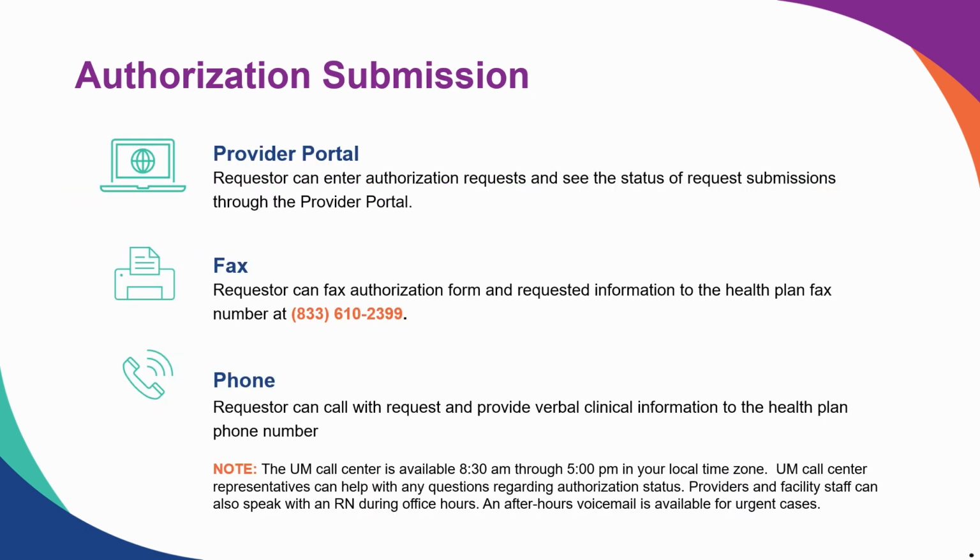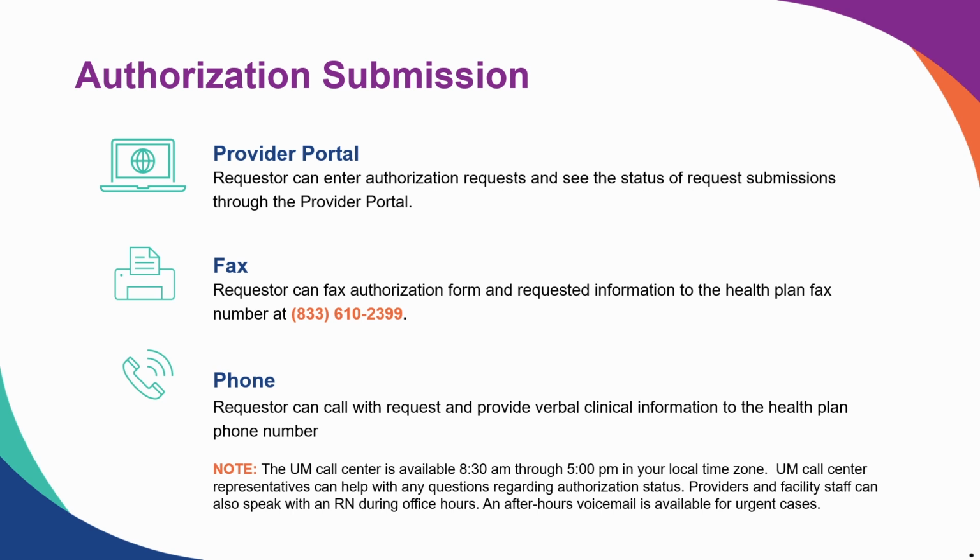How can you submit authorizations? There are three ways: provider portal, the fax, or the phone. With the provider portal, you can enter the authorization request directly into the portal and see the status of the request submissions through the provider portal.